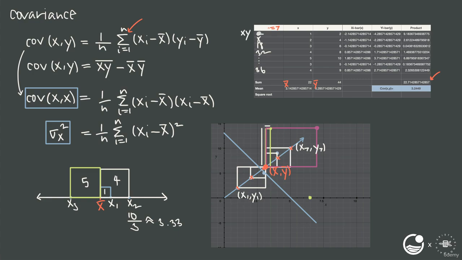And then we take the mean of these. So we add all of these together, and then we divide by n equals 7, the number of data points we have. So if we add all these together and then we divide by 7, the result we get is this mean of the xy products, which turns out to be 23. And then we just subtract from that the product of the two means, which we already have. We already have x bar and y bar. You can see here we have about 3.14 and 6.28.